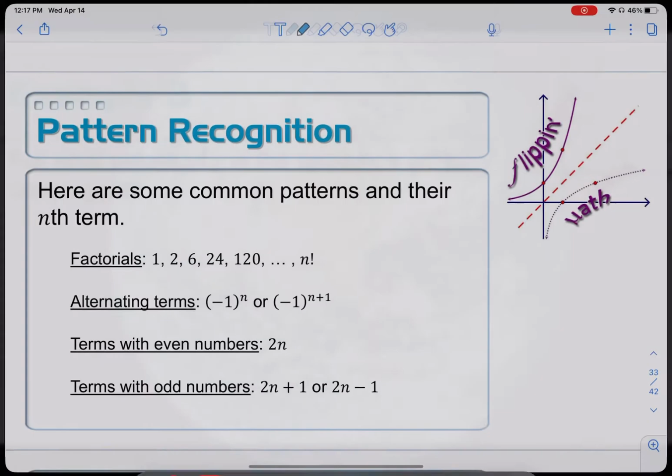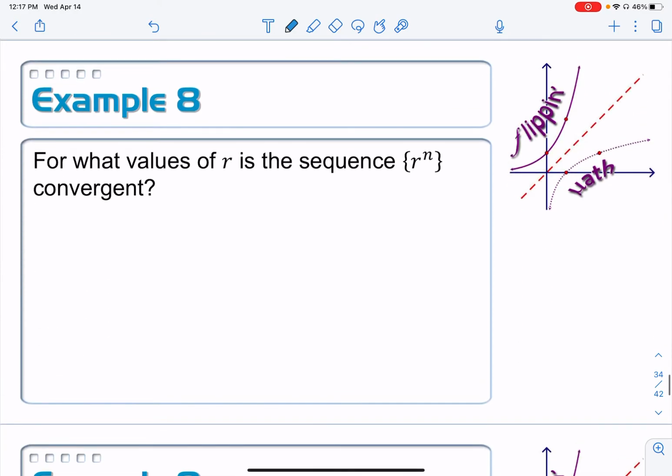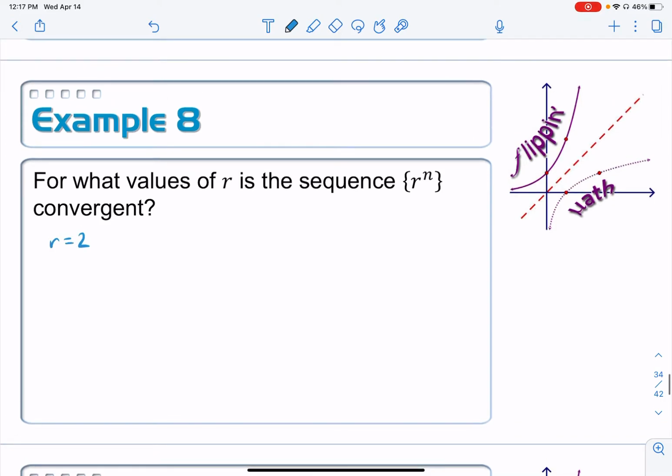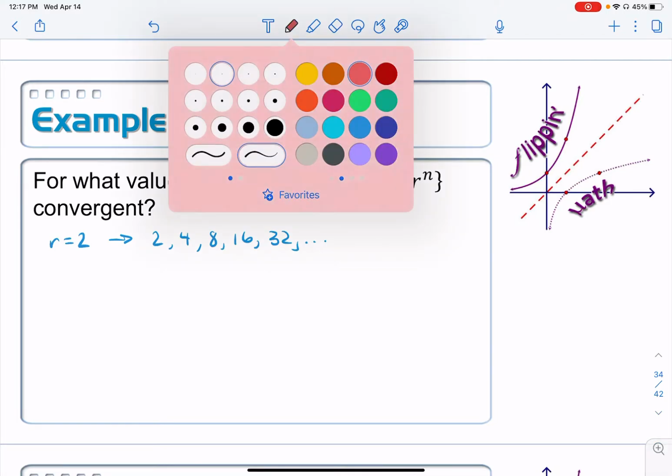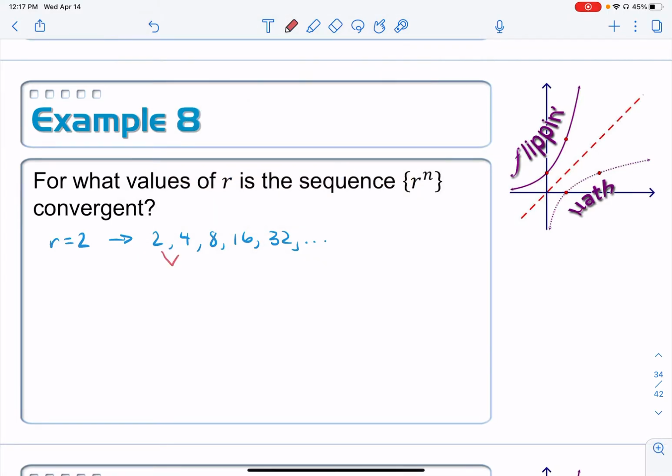Let me demonstrate that real quick for you. Let's say our r value is just the number 2. Then you would have 2 to the first power is 2, to the second power is 4, an 8, a 16, a 32, and so on. If you were trying to determine what the pattern is, one of the things you look for is the common ratio between these terms.